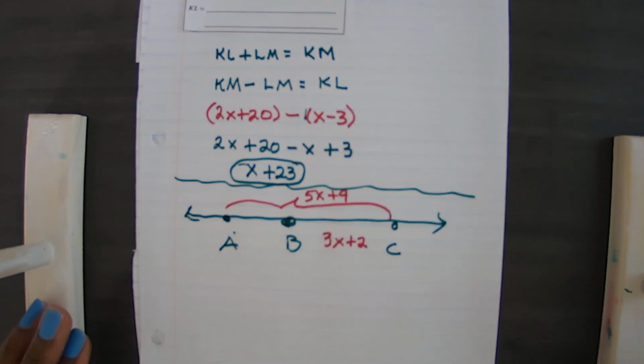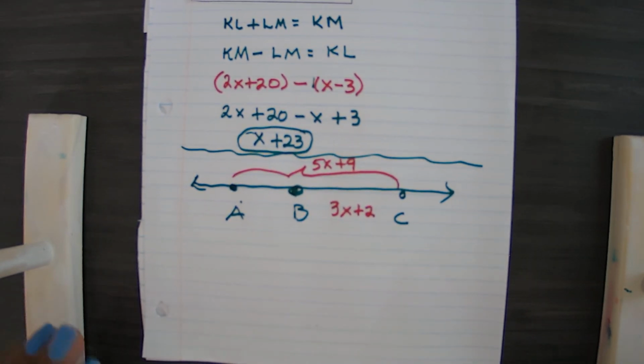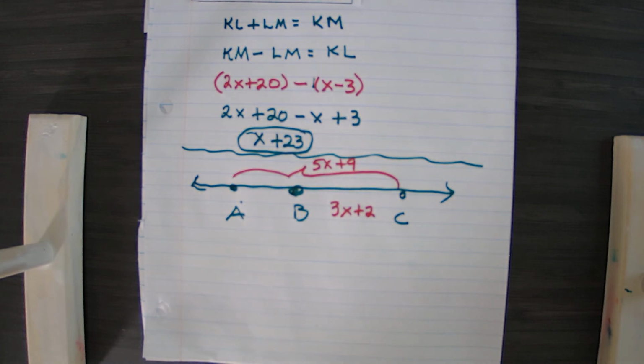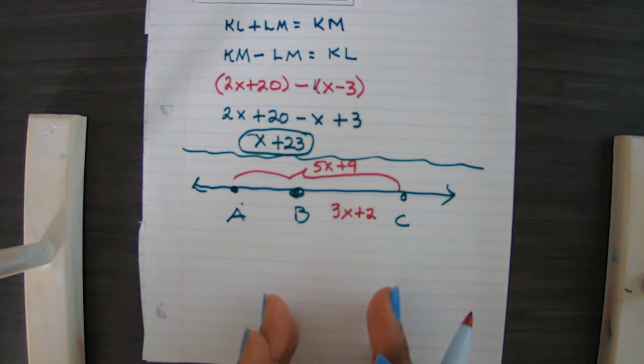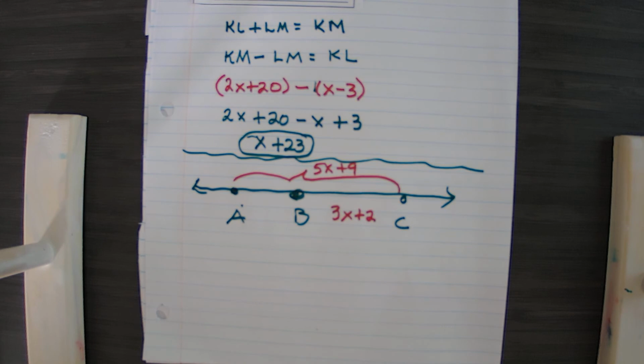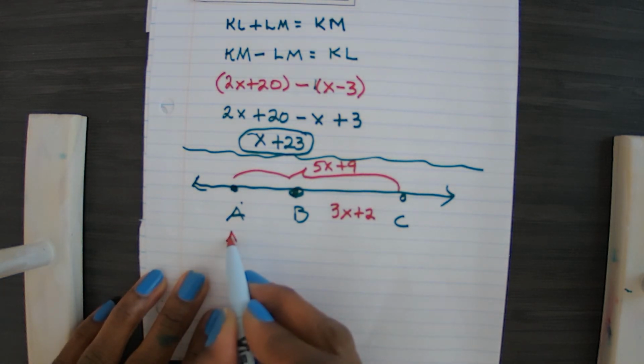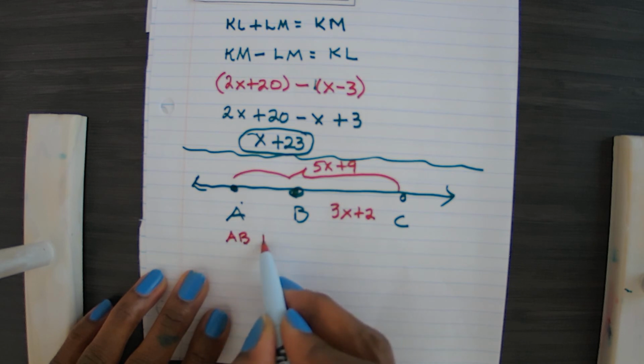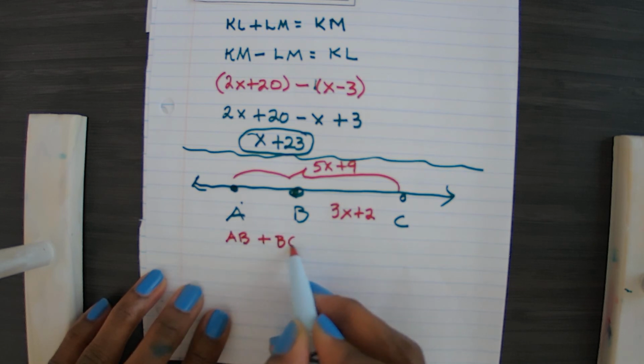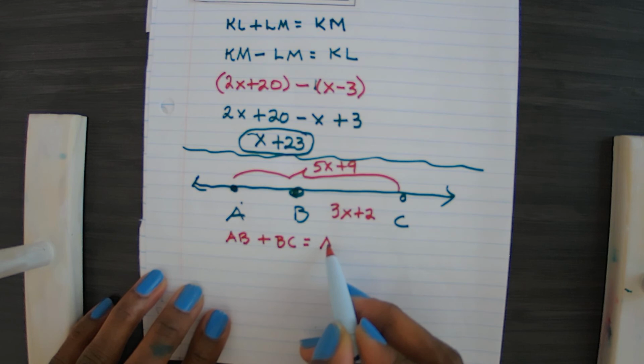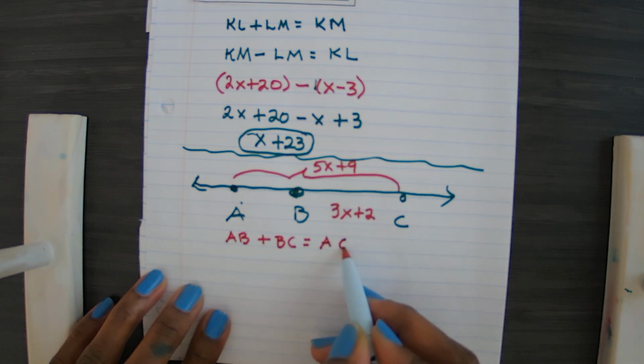Make sure that you can see that. Okay, when you have 3 collinear points, one of those points is between the other two. So we know that the two parts are going to be equal in length to the whole part. Okay, so in other words, the length of segment AB plus the length of segment BC is going to be equal to the segment length of AC.